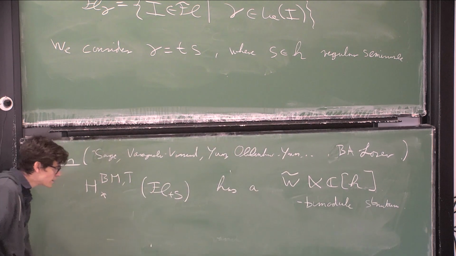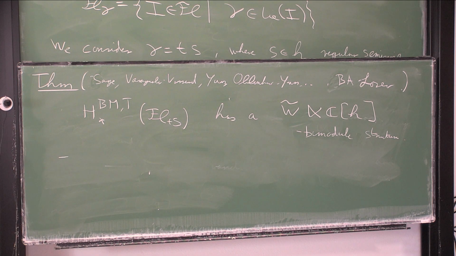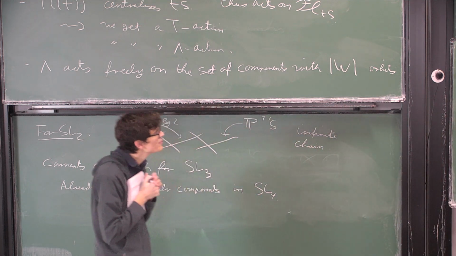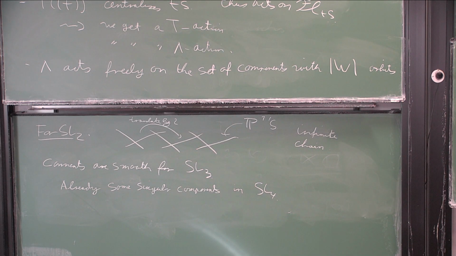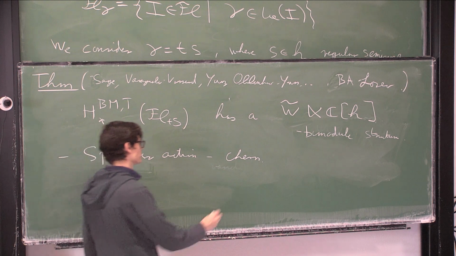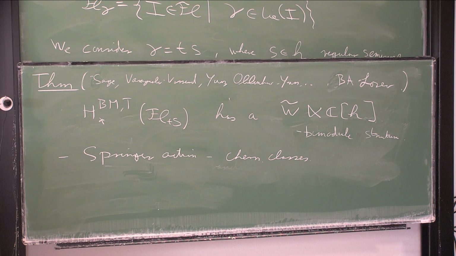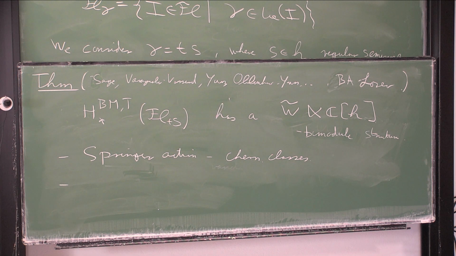So we have in fact two actions. And what are these actions? The first one, the one that's due to all the previous people, is the Springer action. On these affine Springer fibers, there is some Springer action of W tilde. And then this Lie algebra of the torus acts by Chern classes. This is some action that had been studied before.